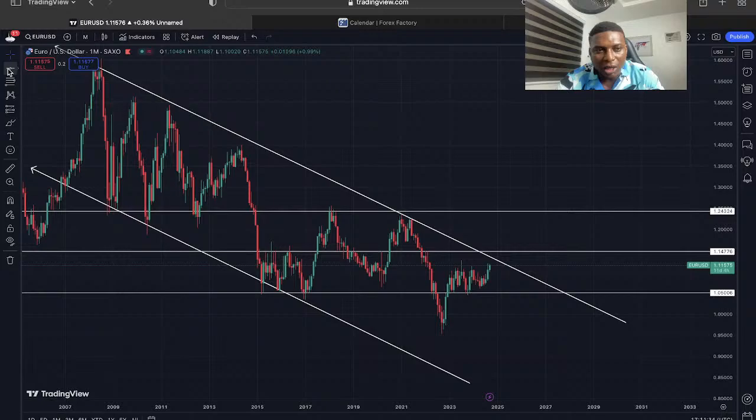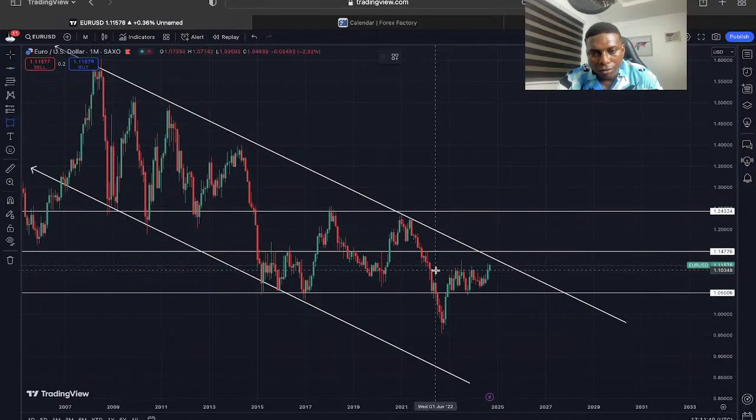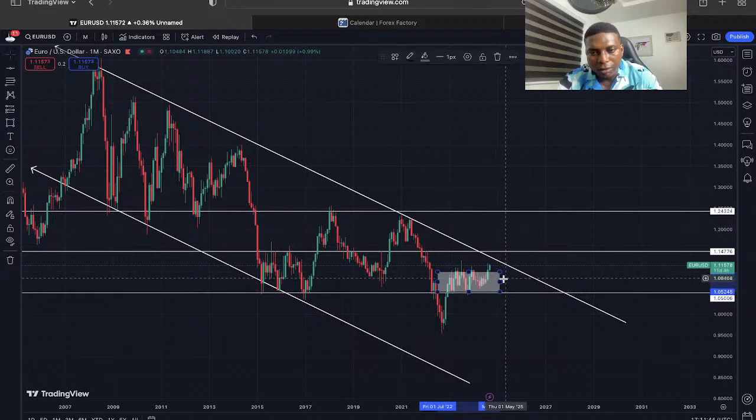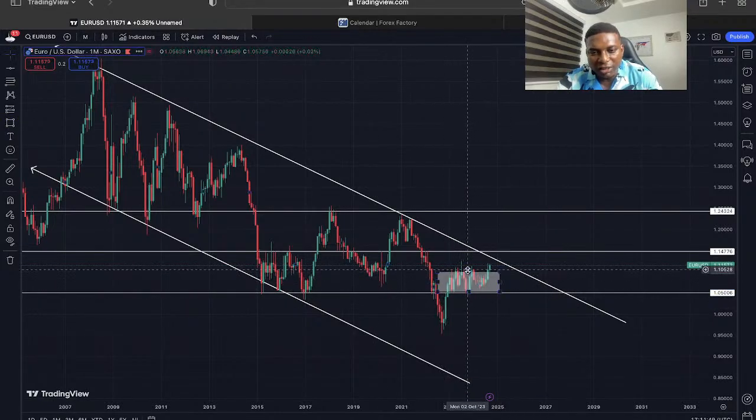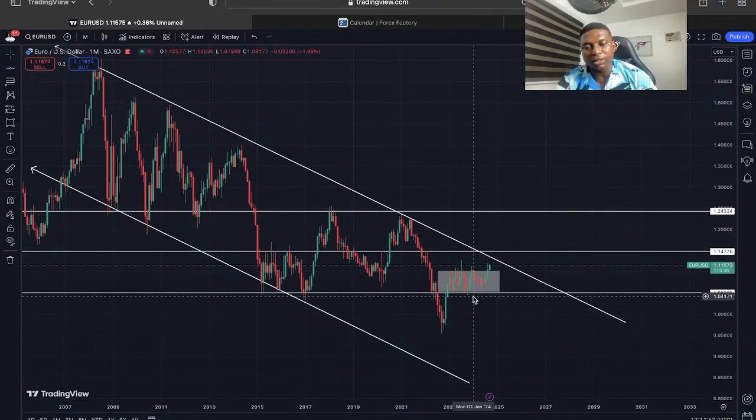You look at something like this. This market has been consolidating for a while now, as you can see.